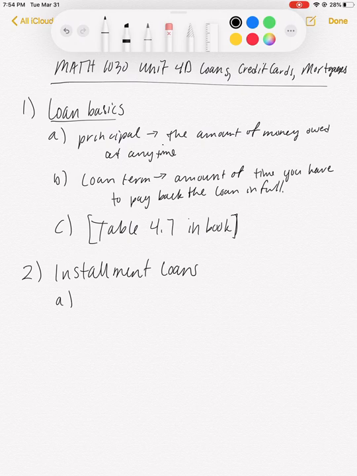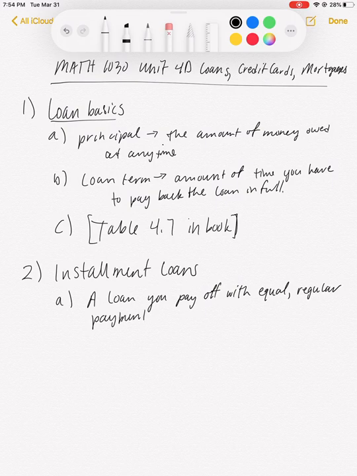It's a loan that you can pay off with equal regular payments. Okay, installment loan.